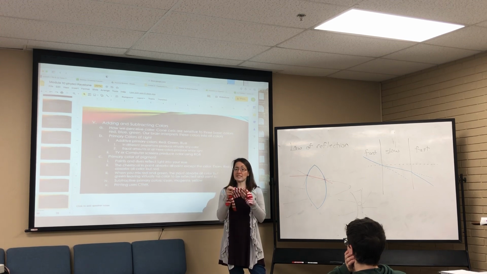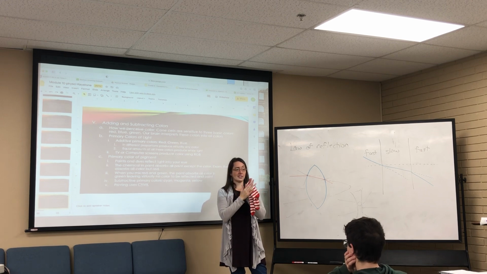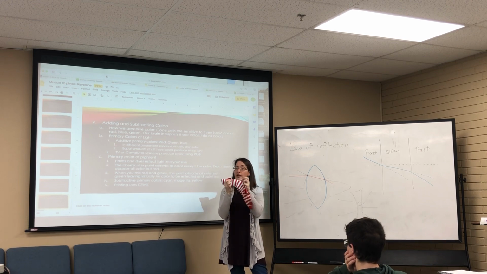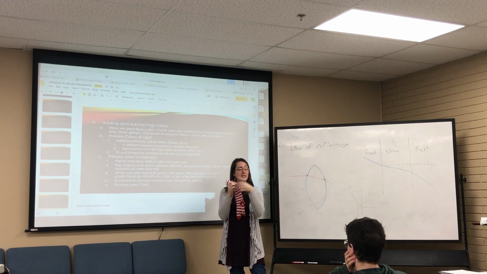So as white light is going in here, it is sucking in all of the green and the blue light, and it is reflecting back to you the red light. The white ones here are reflecting back everything, because light is initially all white. So if it's all reflected back, we see white.